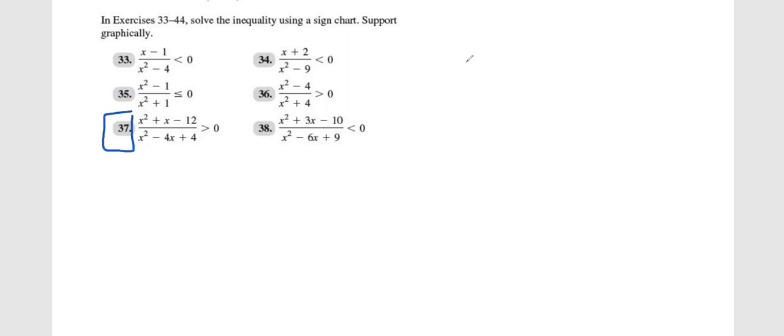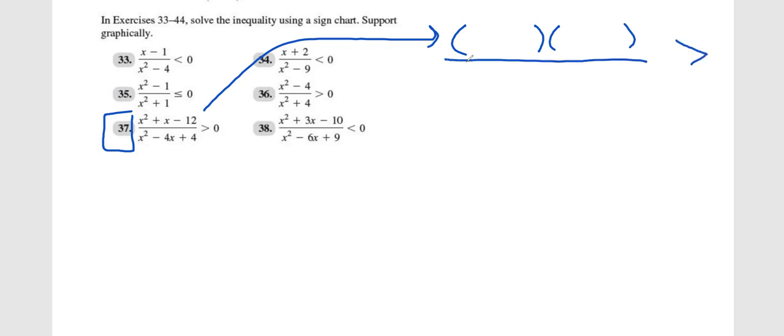Okay, so we're looking at question 37. We probably should factor the top and the bottom. So what does the top factor into? And maybe the bottom as well.